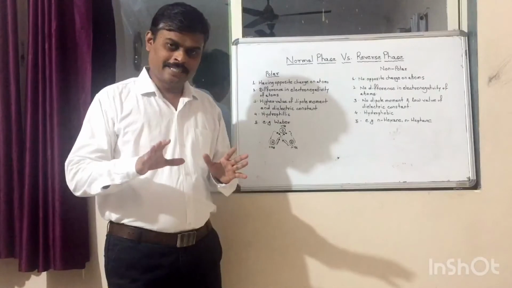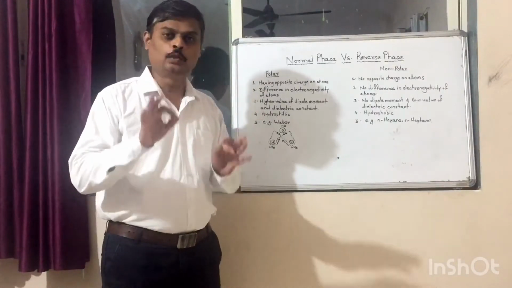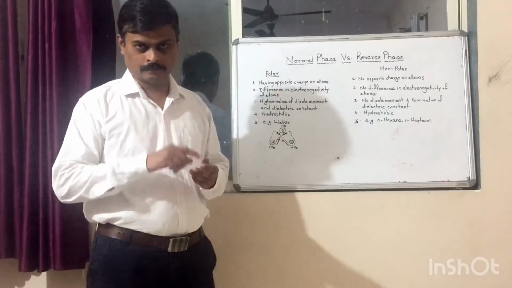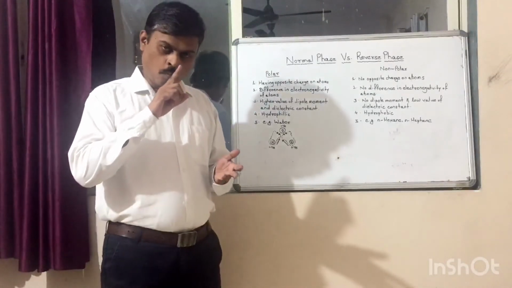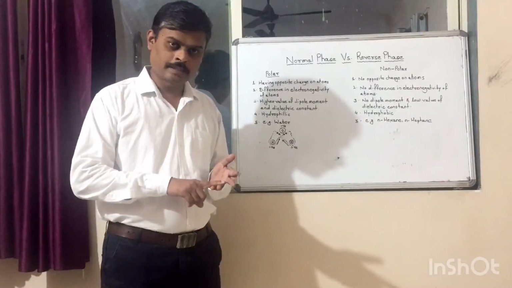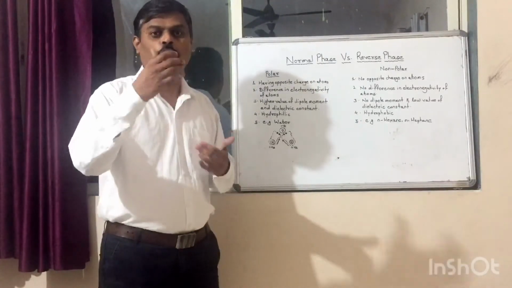The polarity is measured by the value of dipole moment and dielectric constant. The higher the value of dielectric constant and dipole moment, the higher the polarity of the molecule.